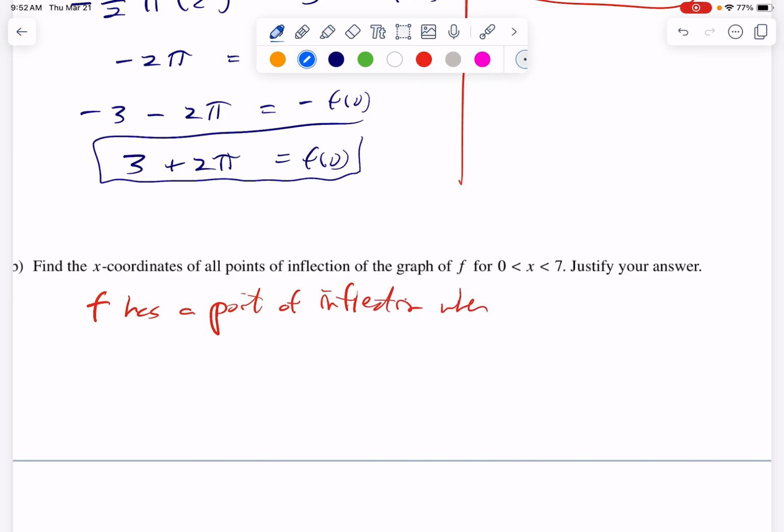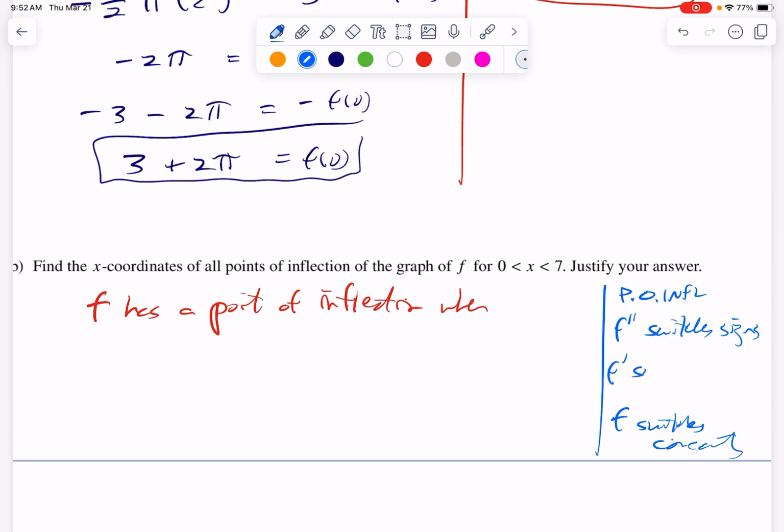when, and if I'm not 100% certain of this, let's just think about it. Point of inflection would be where f double prime switches signs. It's where f switches concavity, right? That's what we think of as the definition. So it's where f prime switches direction.